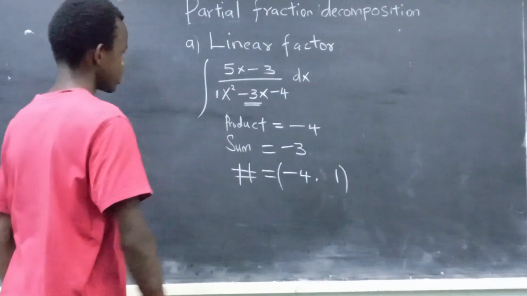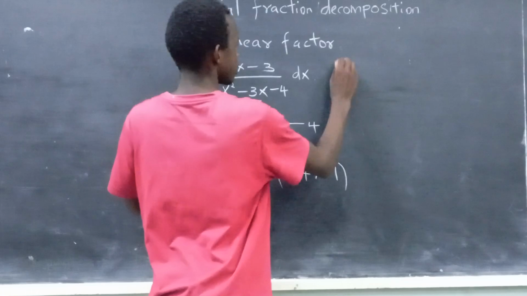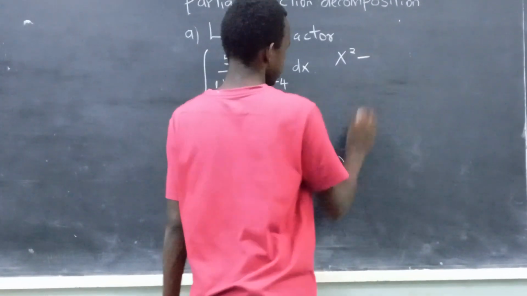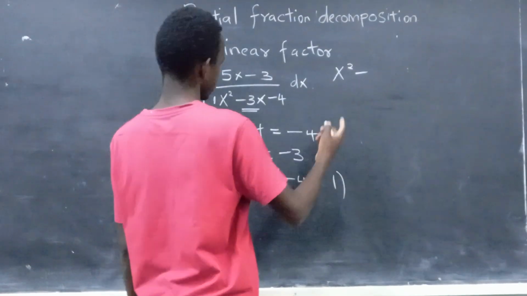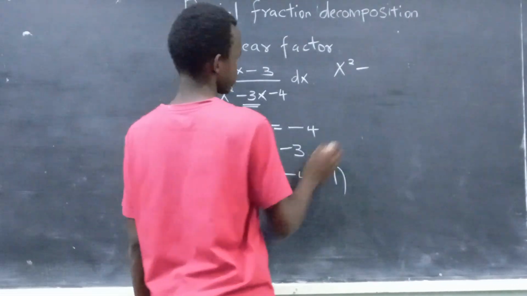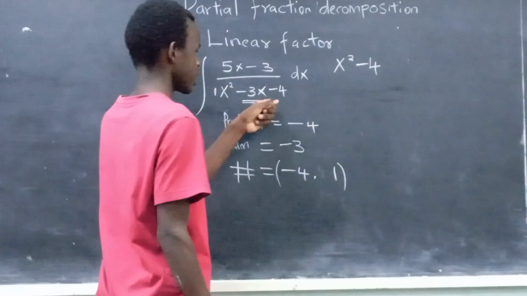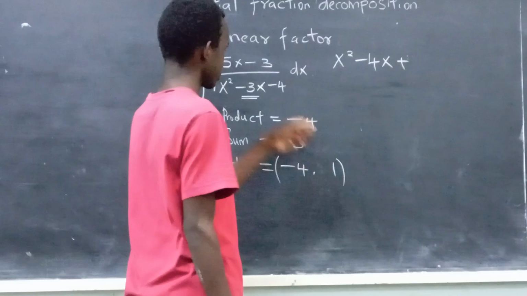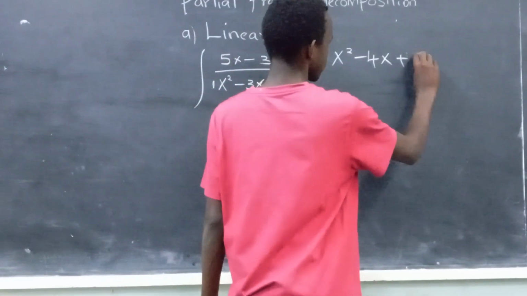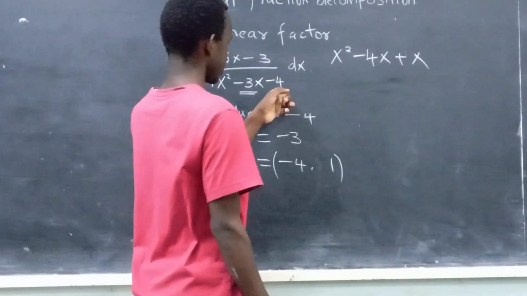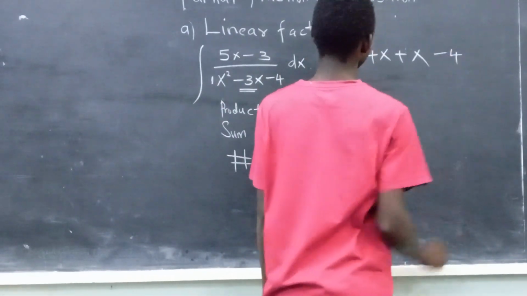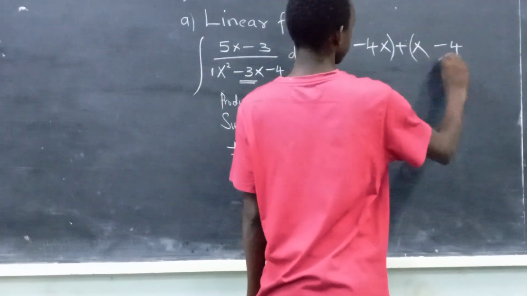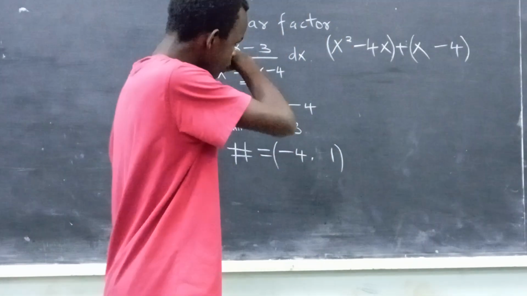From there, let's factor. We write x squared. We usually start with the negative, but you can start with the positive; I prefer starting with the negative, so it will be -4x, then add x, then -4. Place the brackets.